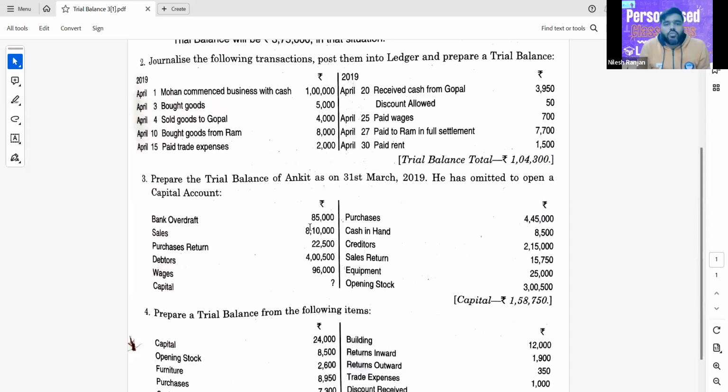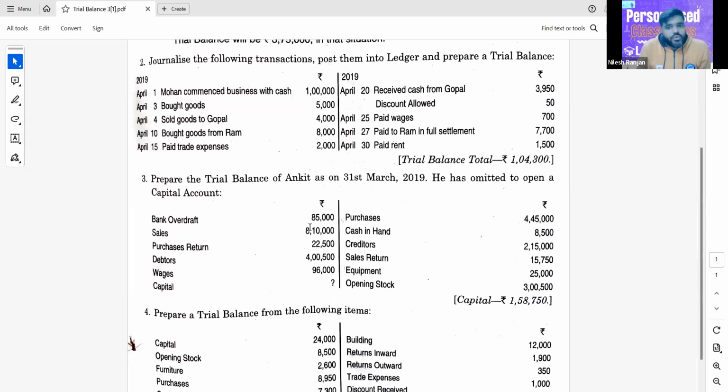So how have you decided that there is a discount received? Because I paid to Ram and he gave me discount, so I got the discount from him. No, no. Yes, you got, but there is nothing written about discount in this sentence.